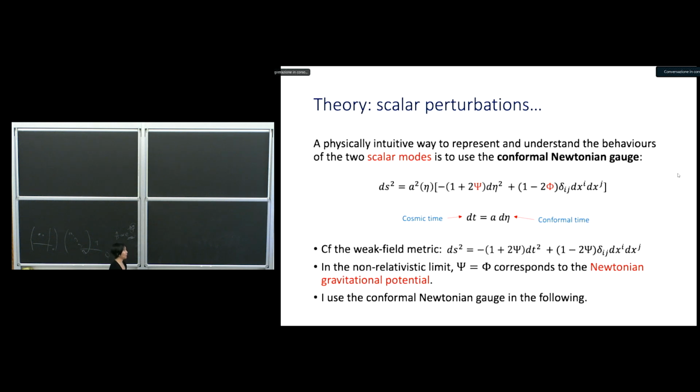It has this funny name because if you compare this expression with the weak field metric, which you've probably seen in your introductory GR class, they look very similar. The weak field metric is the one that we use to study things like perihelion shift and light deflection and lensing. So this potential here essentially is just a Newtonian gravitational potential, which is why the Newtonian gauge is kind of nice to use. So I'll use that in the following.